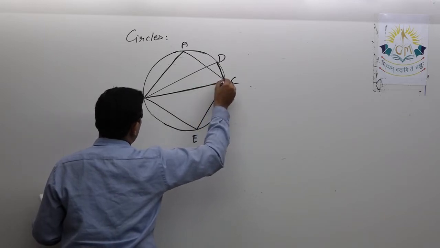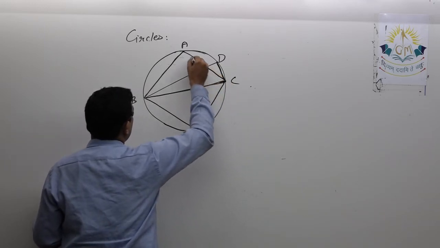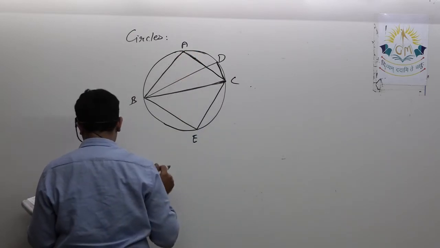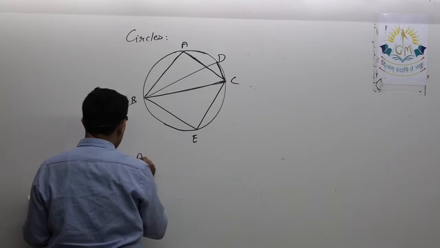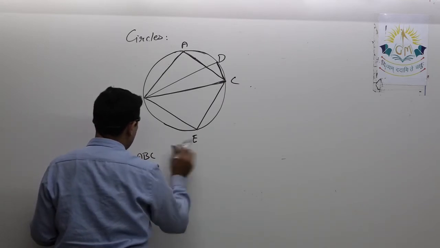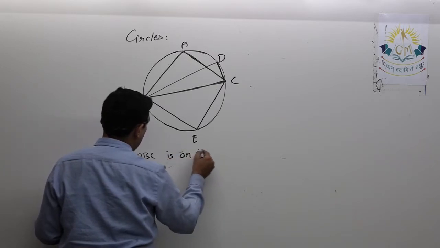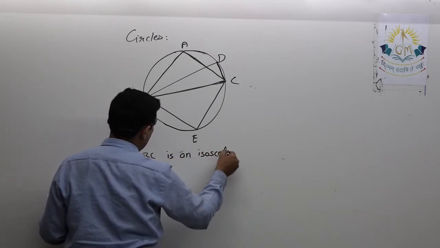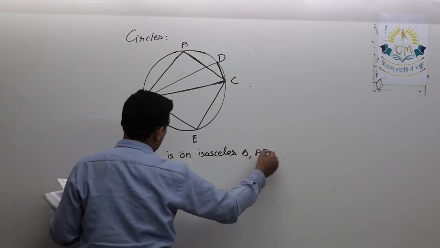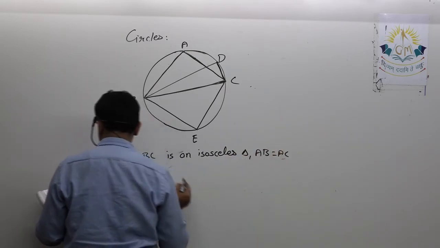See, there isn't any point like O, and there isn't any information about the center of the circle. ABC is an isosceles triangle in which we have AB equal to AC. This is the information given.